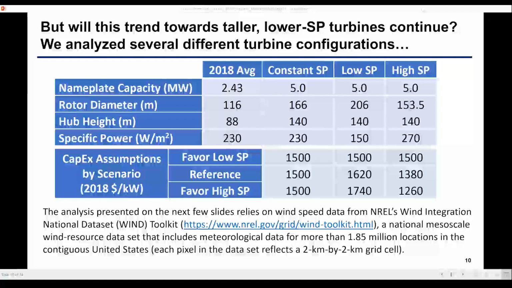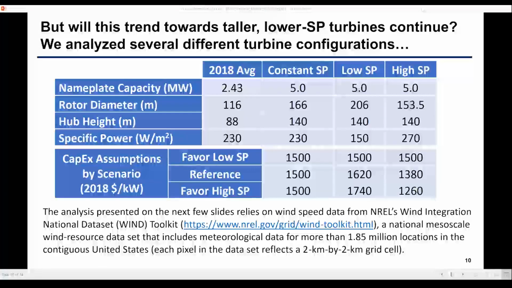And to keep things somewhat symmetrical, we included a high SP turbine, with a specific power of 270 watts per meter squared, higher than our 2018 average but relatively consistent with commercial offerings in the 4 megawatt class today.